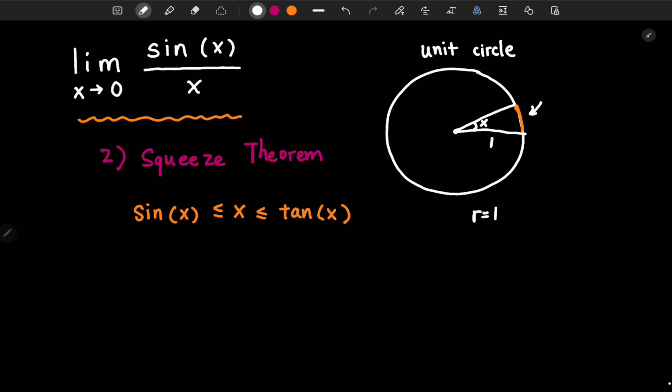The total circumference of the circle is 2 pi times r, which is 2 pi. This portion compared to the total unit circle is the portion x divided by 2 pi, where x is in radians, which gives us that the arc length of this orange line is also x, when x is relatively small.